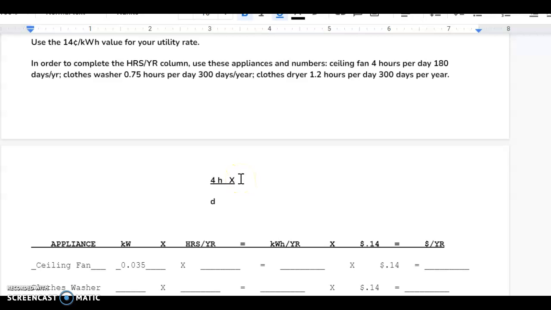And multiply that by 180 days per year. 180 days per year.